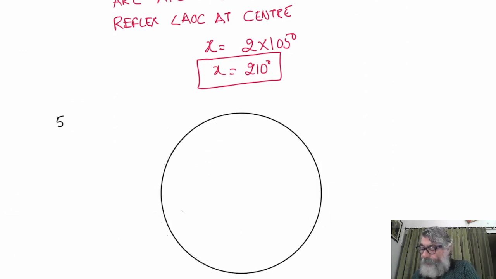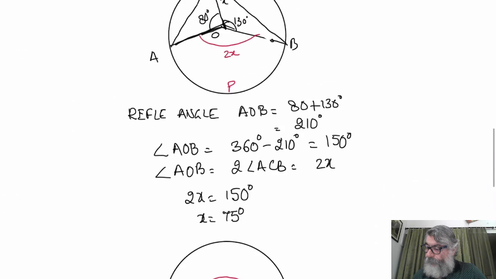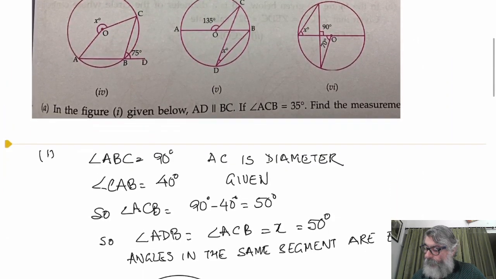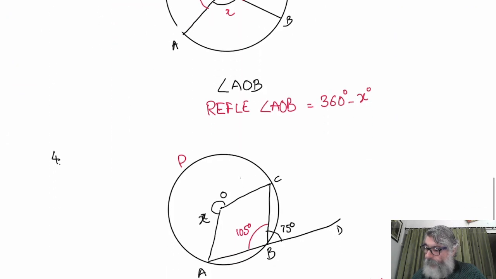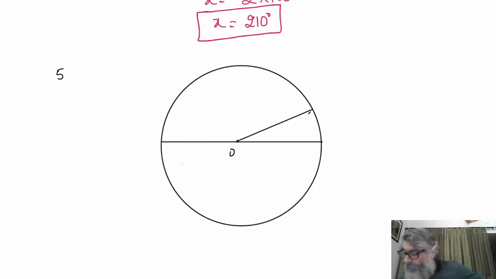Okay. He has given you this as diameter. This is diameter. O is the center. This is the angle formed here. And then it breaks down here.